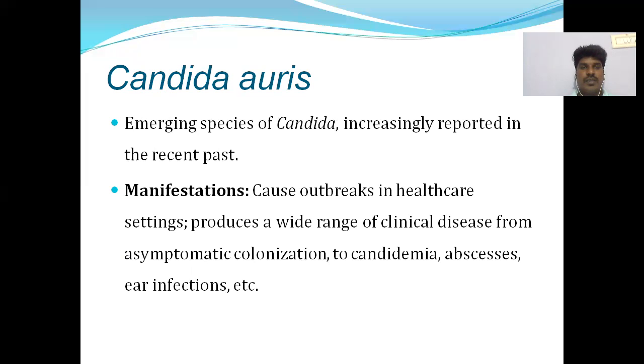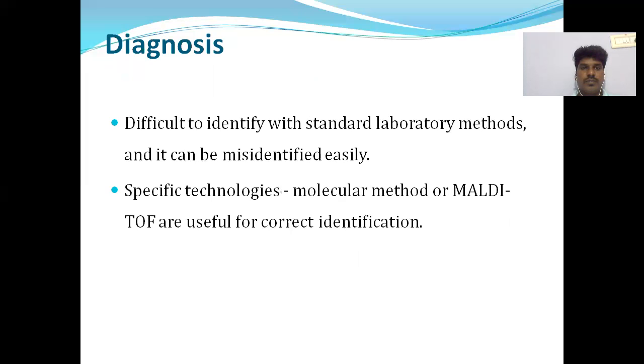The next one is the Candida auris. It is an emerging species of Candida, increasingly reported in the recent past. Its manifestations: it can cause candidemia, abscess formations, and ear infections. How to diagnose this Candida auris?